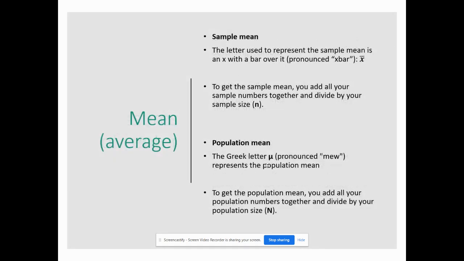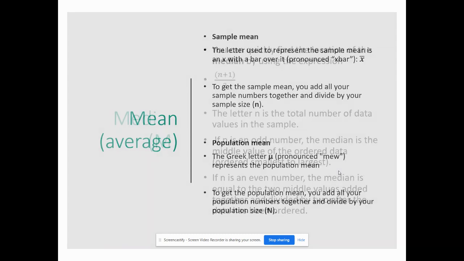Again, we can have 2 types of means. We can have the sample mean, which is X bar, and the population mean, which is mu. The sample mean is when I'm talking about a sample and I get that value from the sample. The population mean is when I'm talking about a population, and if for some reason I can get all the population data that I need.